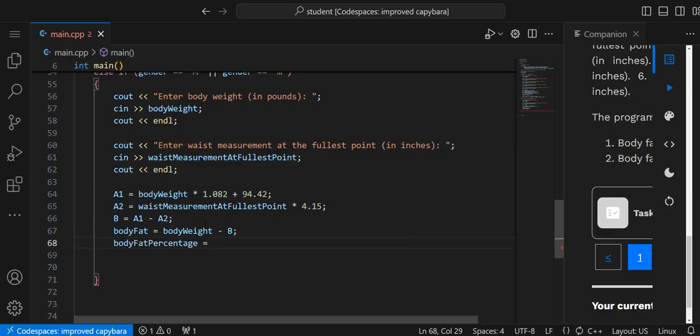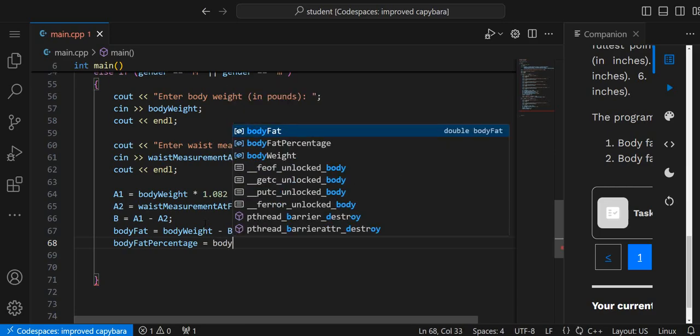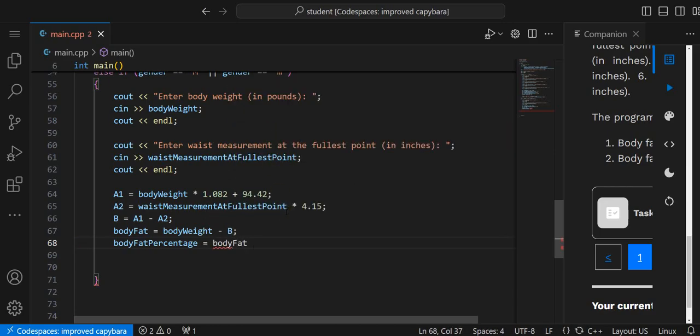And now body fat percentage equals body fat times 100 divided by body weight.